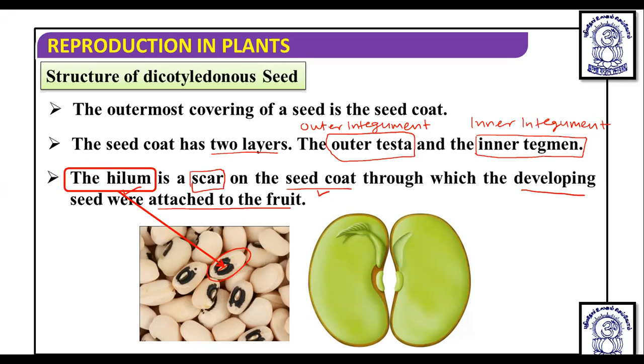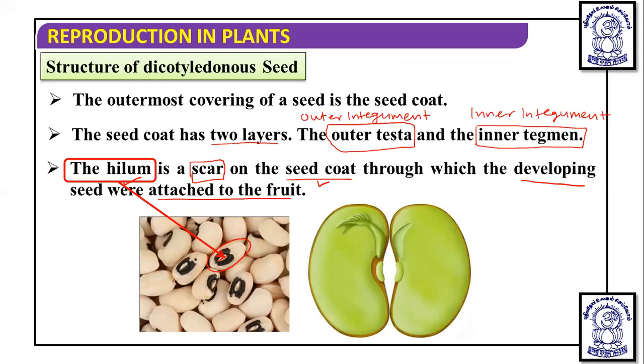It is a detailed seed structure, and in that you can see the seed coat, outer and inner. This is the two cotyledon part, and this is the attachment of the part where the funicle can be observed, where the hilum can be observed.